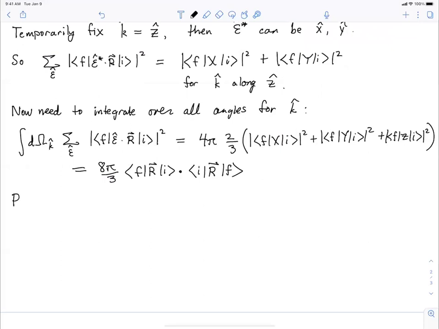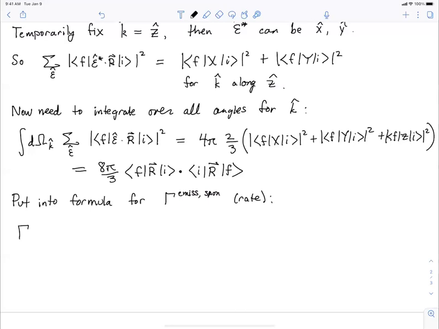So if we put this into the formula for spontaneous emission, the gamma for spontaneous emission, that's again a rate. It's a number of transitions per unit time.